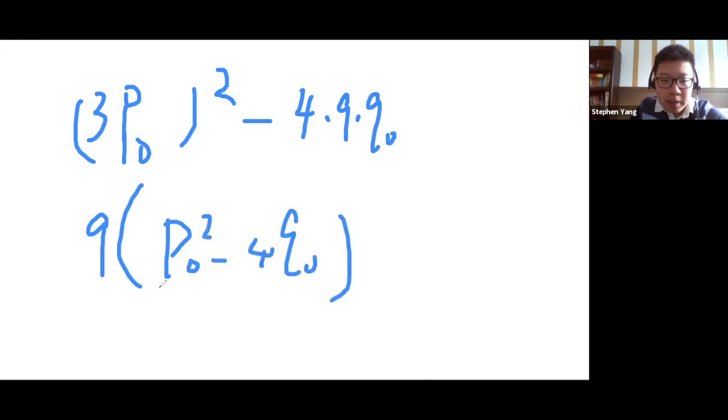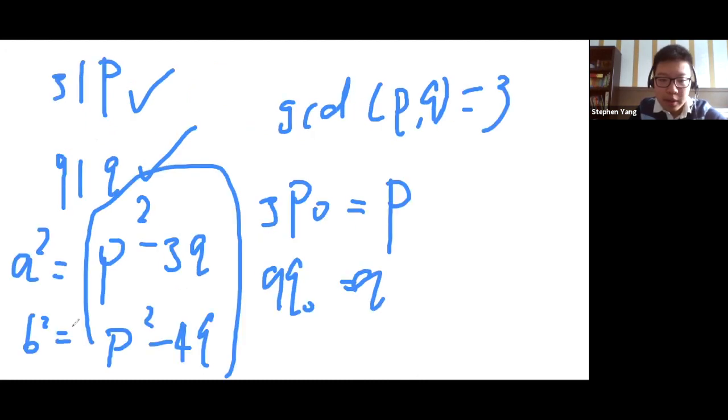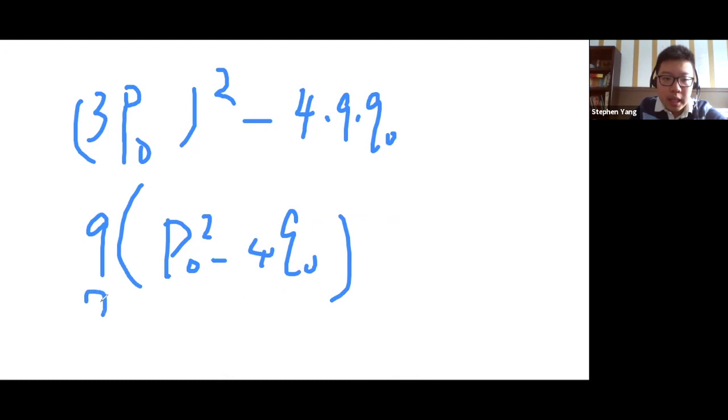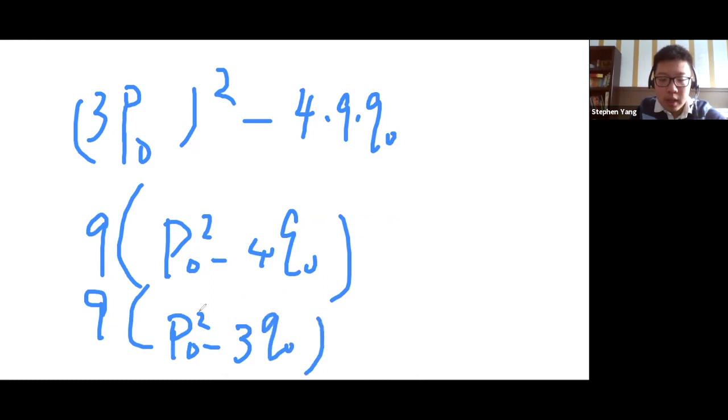This means that p0 squared minus 4q0 is also a perfect square. And if you do the same thing to this one, you'll have the same result: 9 times p0 squared minus 3q0. So these two numbers must also be perfect squares.